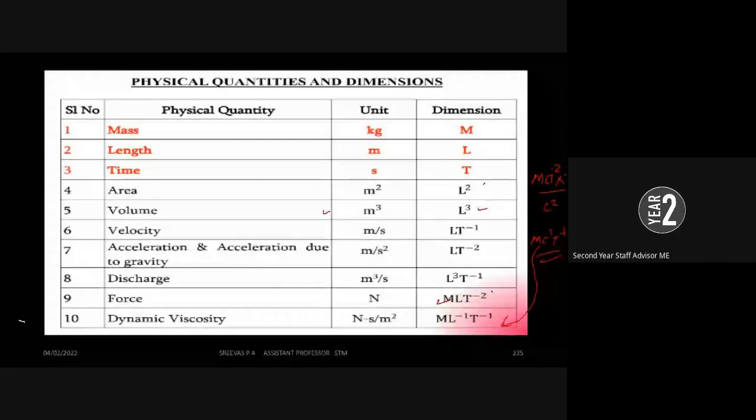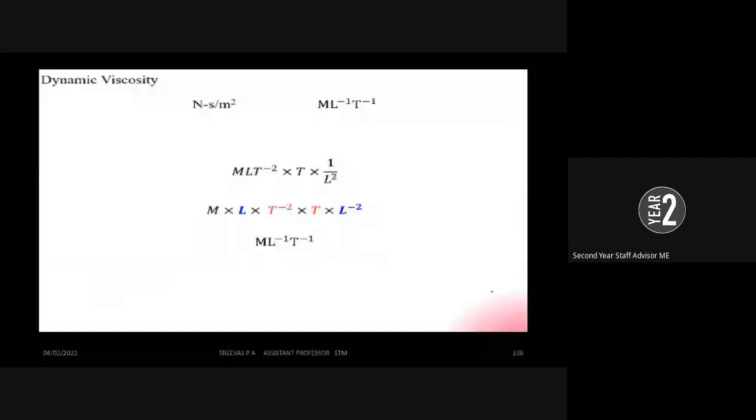Okay, I have shown here how to find the dimensional formula of dynamic viscosity. It is Newton second per meter square, Newton being force. So the dimensional formula will be MLT raised to minus 2 into second. Second is time, so the fundamental dimension will be T, and divided by meter square, so it will be 1 by L square.